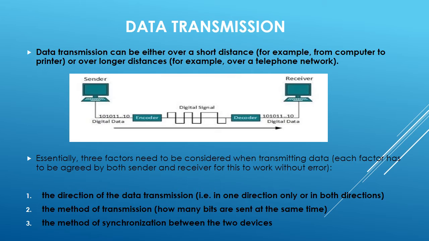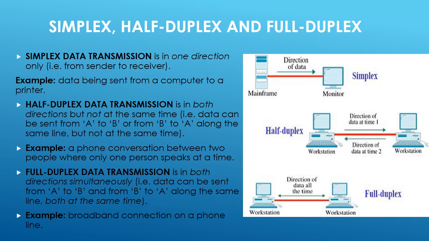Either it's 1 bit or 8 bits or 16 bits or 24 bits or 32 bits or even more. Number 3, the method of synchronization between the 2 devices. So these 3 factors are the important factors when the data is being sent between a sender and the receiver. So it's kind of an agreement.